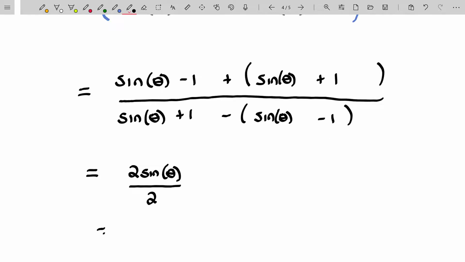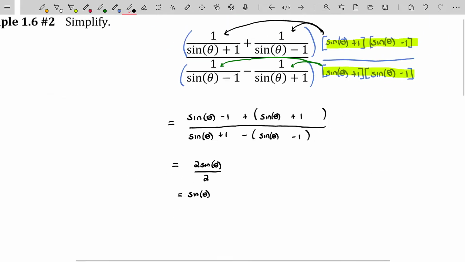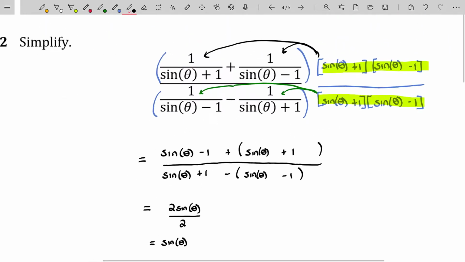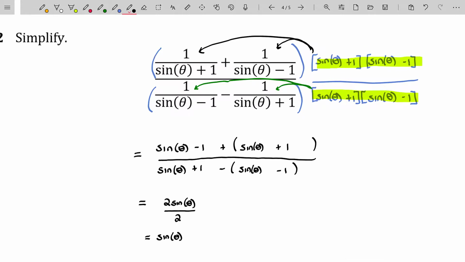The 2's cancel beautifully, and you're left with the sine of theta. Even though you don't know what that function is, you know the end picture is just sine of theta, and that's it. So this is a really nicely compressed version of the original statement.